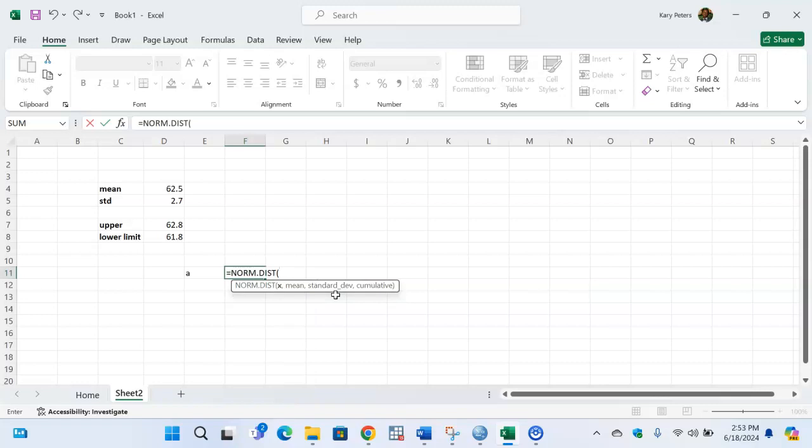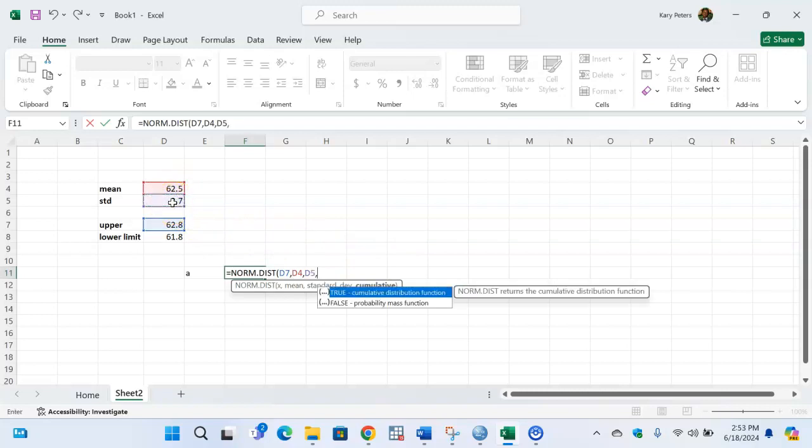So NORM.DIST, what is our x? We put this. Then what is our mean? Mean is this. Standard deviation, that's it. And then what are you finding? It's not the probability mass function, it is the cumulative distribution function. By cumulative, for those who understand, there's a normal distribution curve that is bell shaped.